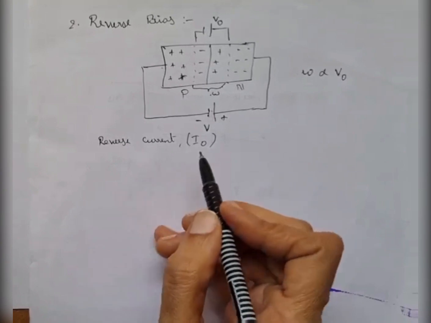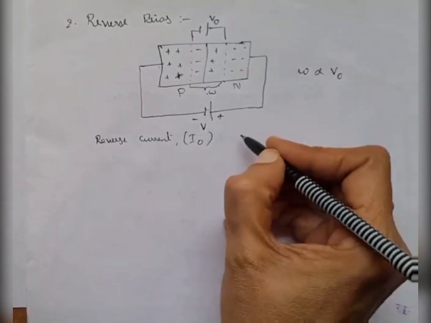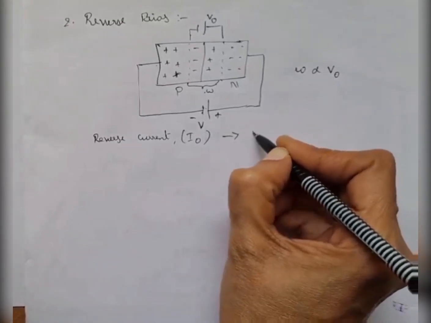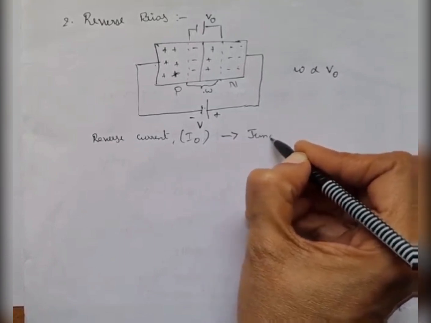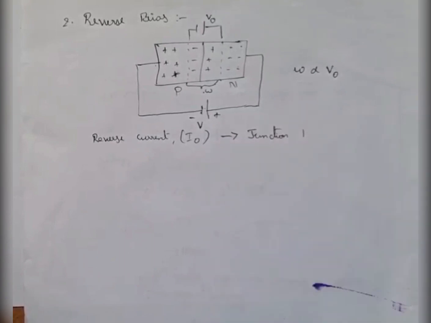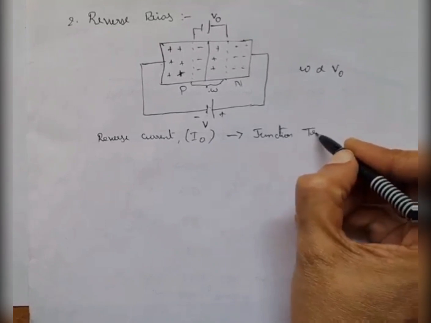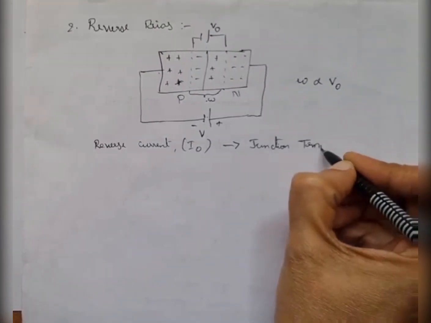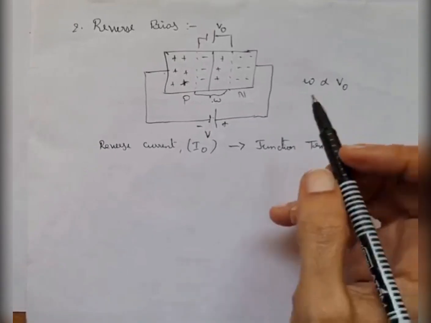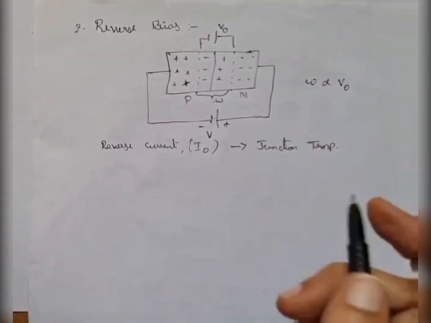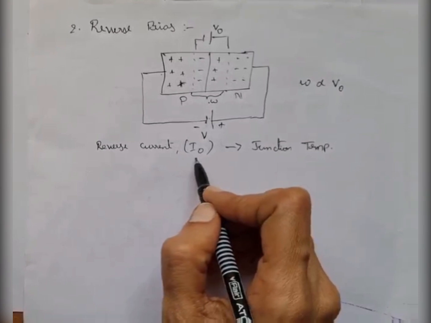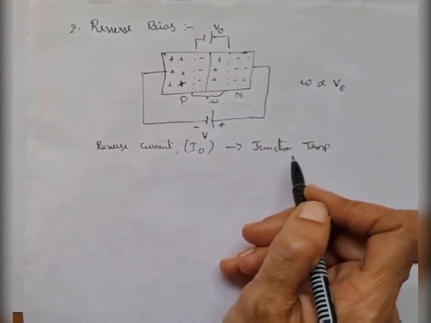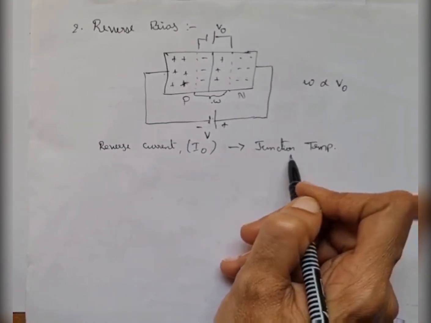The magnitude of the reverse saturation current mainly depends upon the junction temperature.